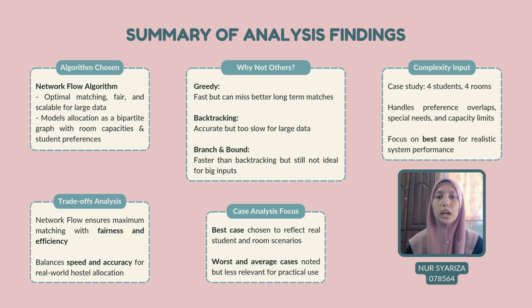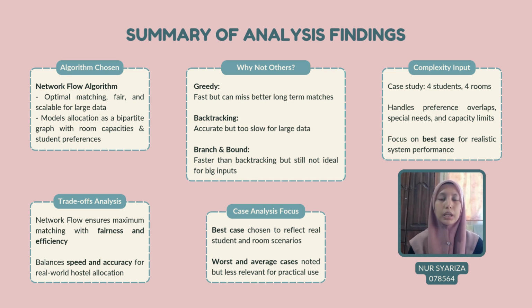078564. So today I will present the summary of our analysis findings for the student hostel allocation project. Algorithm choosing. After comparing four algorithms, we chose the network flow algorithm as the most suitable for our case.